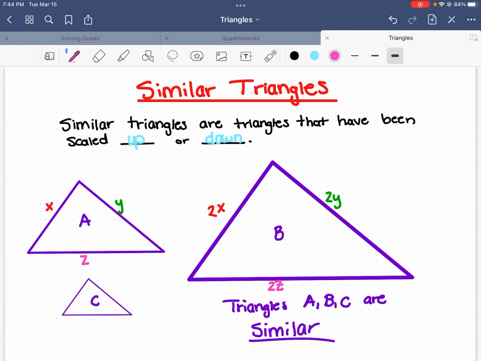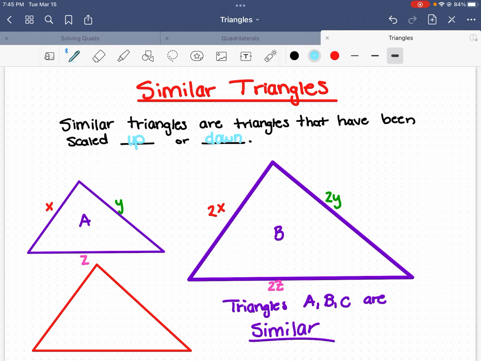Let me give you an example of what would not be a triangle that is similar. Let me go ahead and get the red. Pretend we have this triangle, and let's pretend that I scaled it by 3. It doesn't look like it. I ran out of room, I'm sorry, you guys. Let's say that from angle X to over here where it's supposed to be X, it's 3.